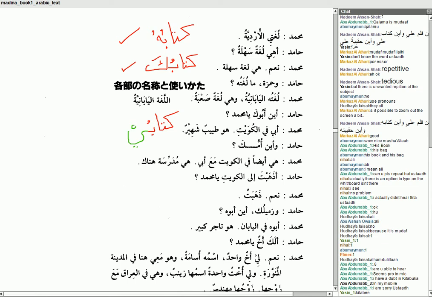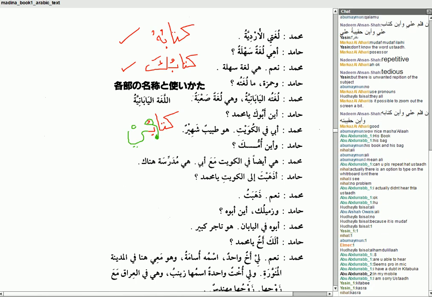Now, the problem here is, kitabu and the ya, this dhamma and this ya, they don't actually match. So you're going to end up having a tongue twister by saying kitabui. So for this reason, the Arabs automatically reduced that dhamma to a, guess what, brothers?